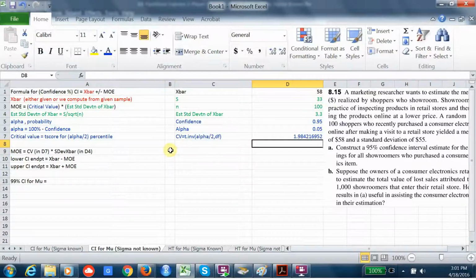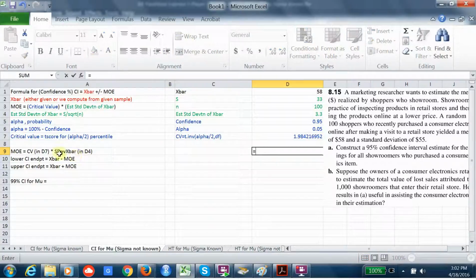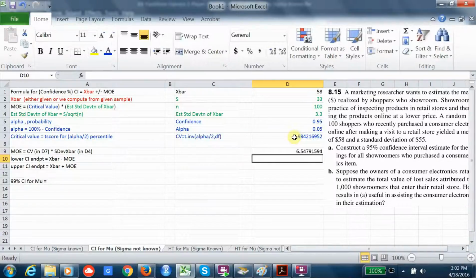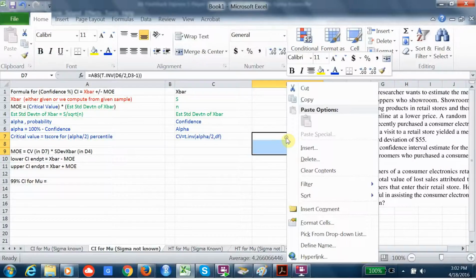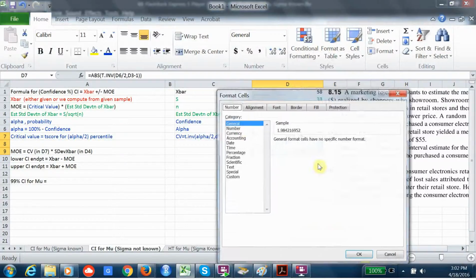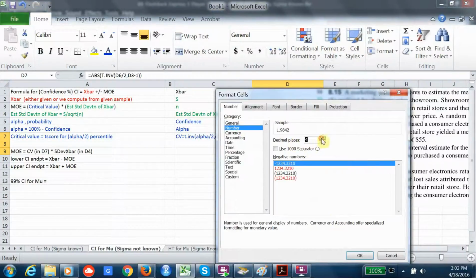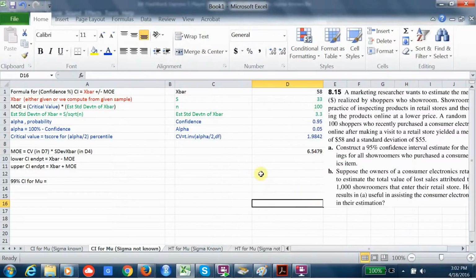And now I'm ready for the margin of error. Okay, so the margin of error is just equal to the estimated standard deviation of x bar times the critical value. And then we'll just round these off real quick. We don't want that many decimal places. Okay, now I'm going to get the lower endpoint.